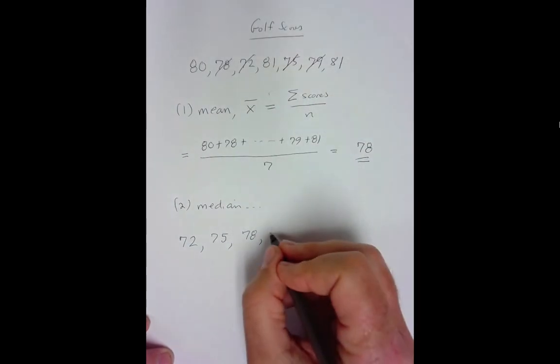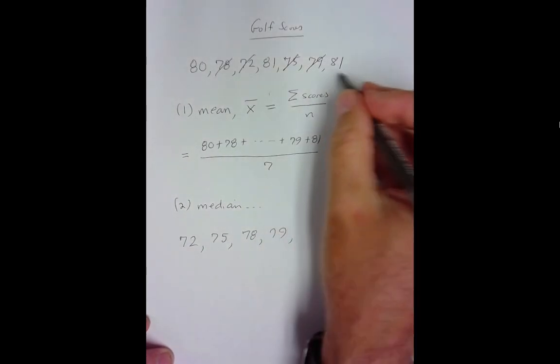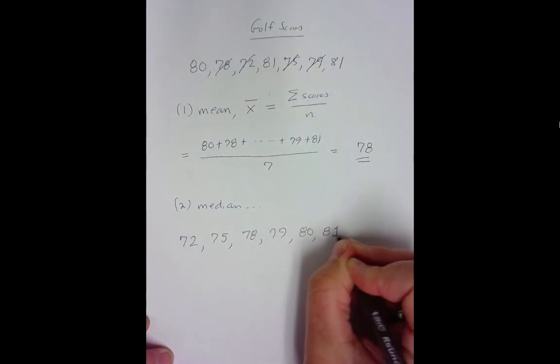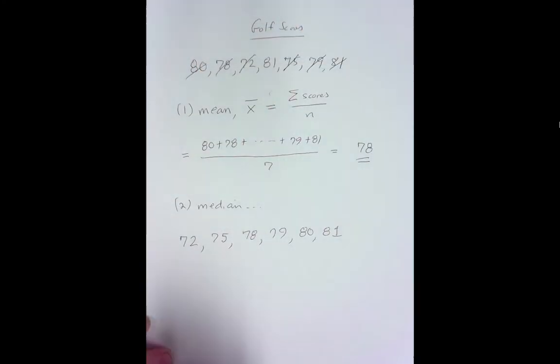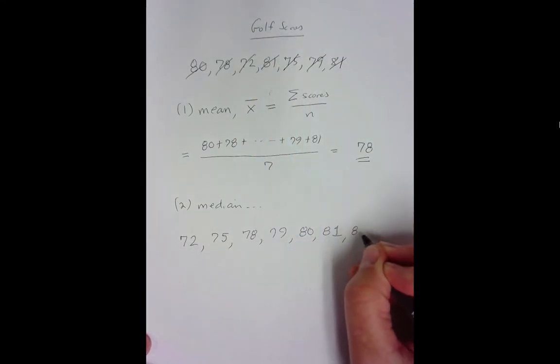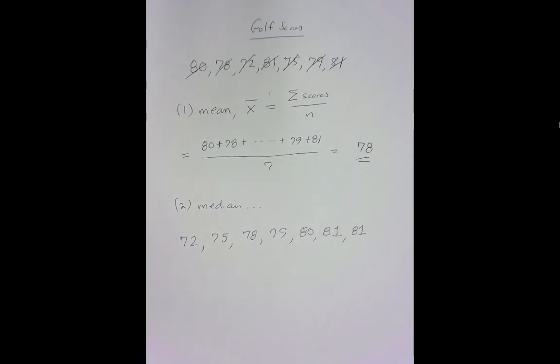The next best round was a 79. The next was an 80. And the last was an 81. So I'm a pretty consistent golfer. There's not, oh wait a minute, hold on. 1, 2, 3, there's another 81 there. That's why it's always good to go through and count and make sure you get the same number of numbers that you had when you started out.